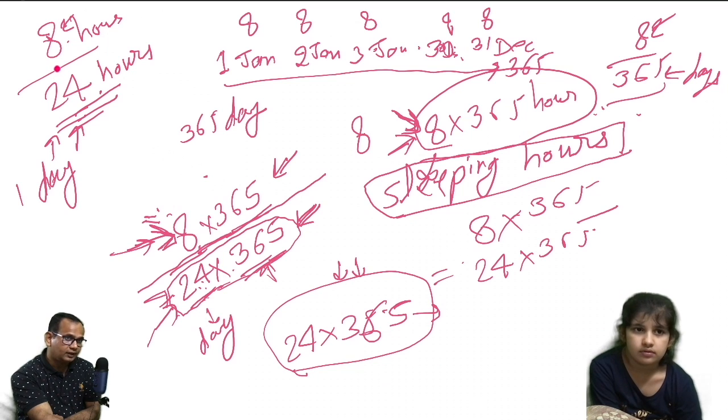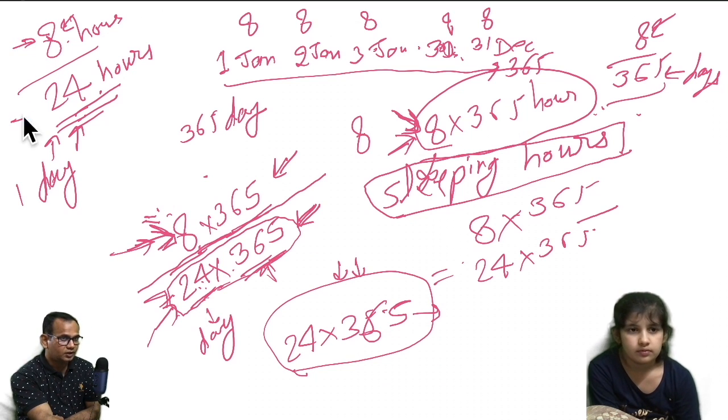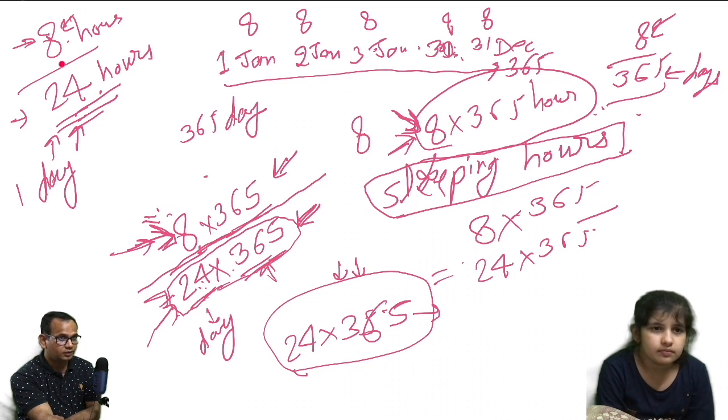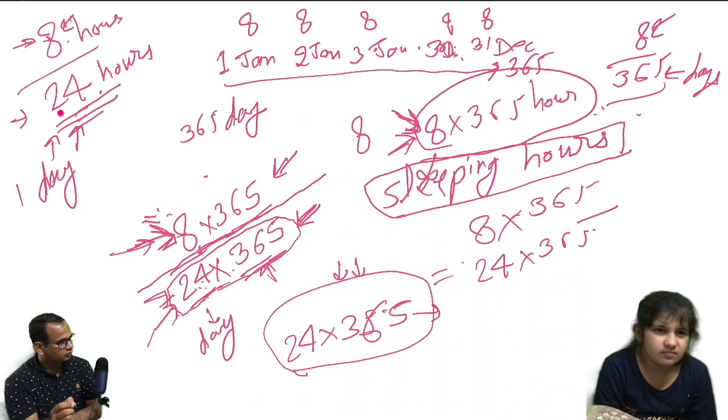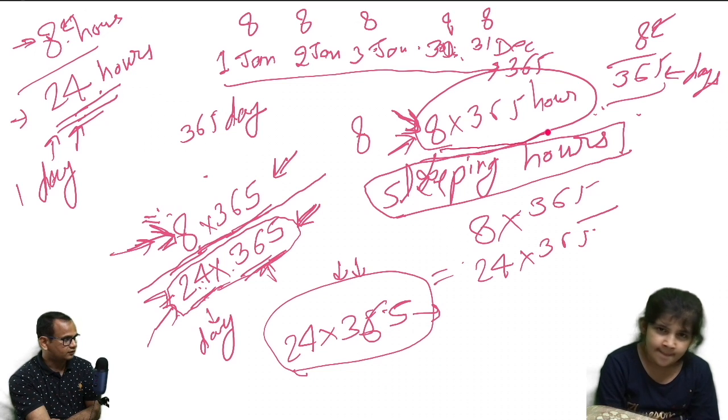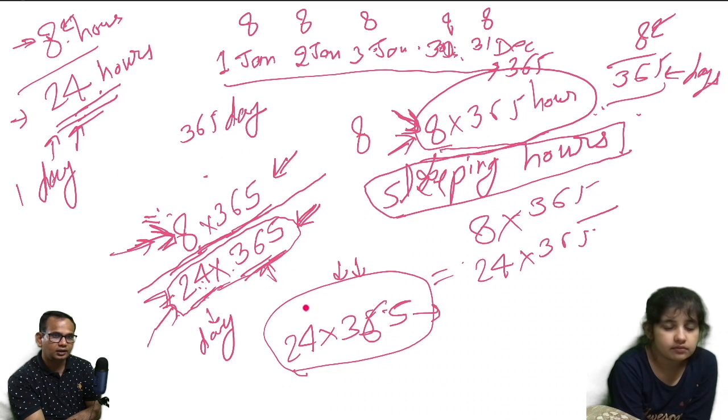For one day, 8 hours we sleep and we have 24 hours. So to calculate what part of a day we sleep, we did 8 by 24. For 1 year, instead of 8, we have 8 multiplied by 365 hours. And in a year, how many do we have?